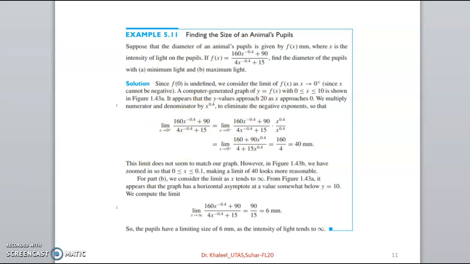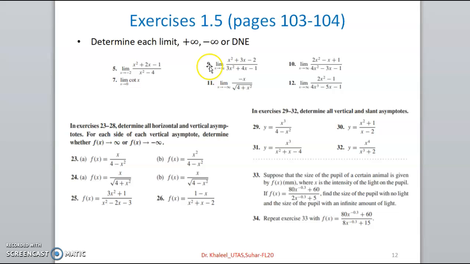I will discuss this in detail. This is exercise number 1.5, pages 103 to 104, and here you are asked to determine the limit, whether it is plus infinity, minus infinity, or does not exist. So check this and try to find out this one.